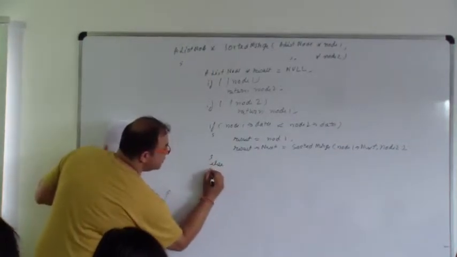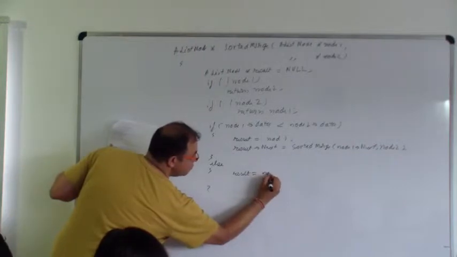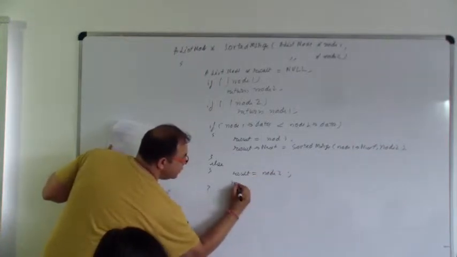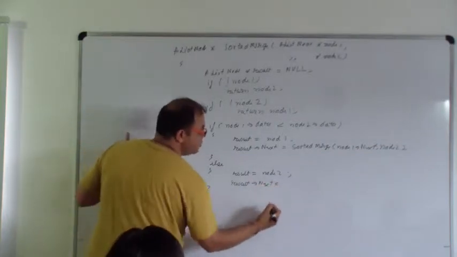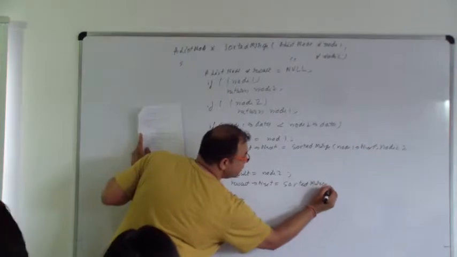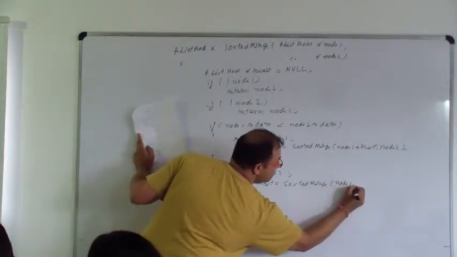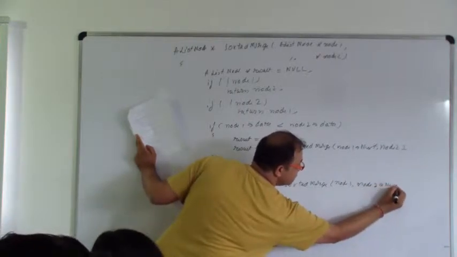Otherwise, result is equal to node 2 and result arrow next is equal to sortedMerge node1 comma node2 next.